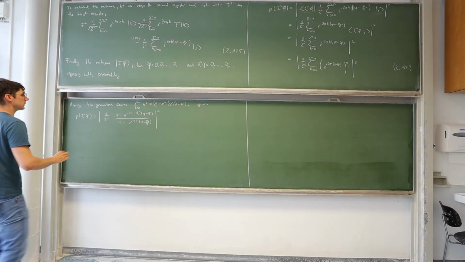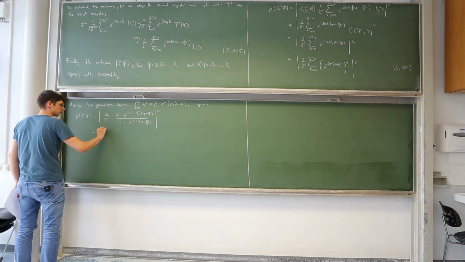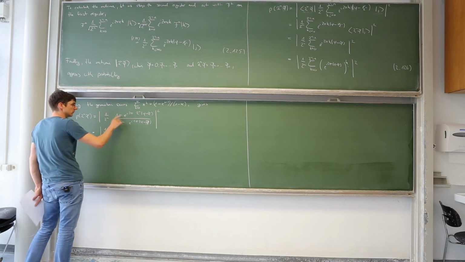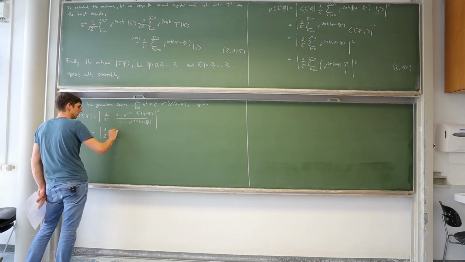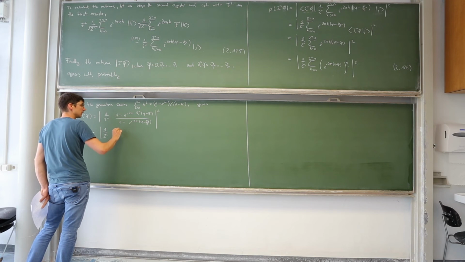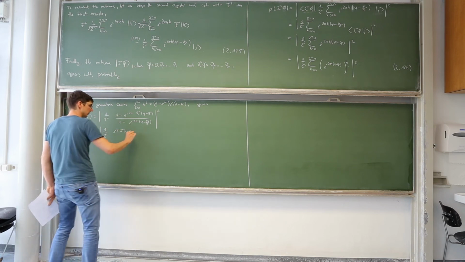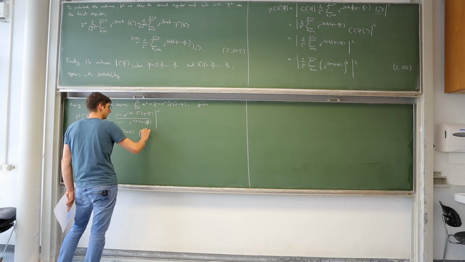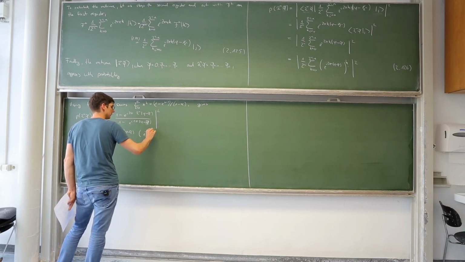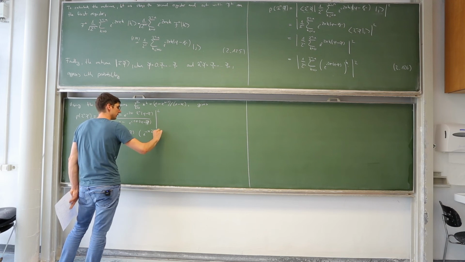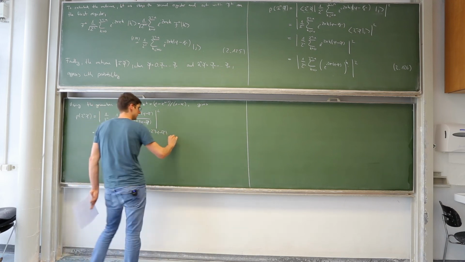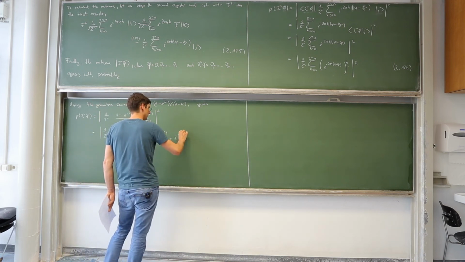Okay, let's rewrite this a bit. So here we put out a factor e^{i pi 2^n (phi - phi tilde)}, and then we have e^{-i pi 2^n (phi - phi tilde)} plus e^{i pi 2^n (phi - phi tilde)}.